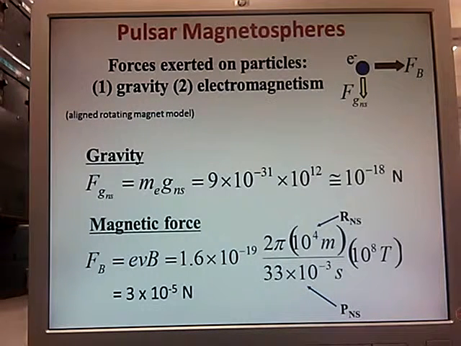In that case, evB you can compute using the radius of the neutron star, etc. What you find is 3 times 10 to the minus 5 newtons. So 13 orders of magnitude larger. So we can see that indeed once we've liberated these particles, it is the magnetic field which is going to really dominate what happens.